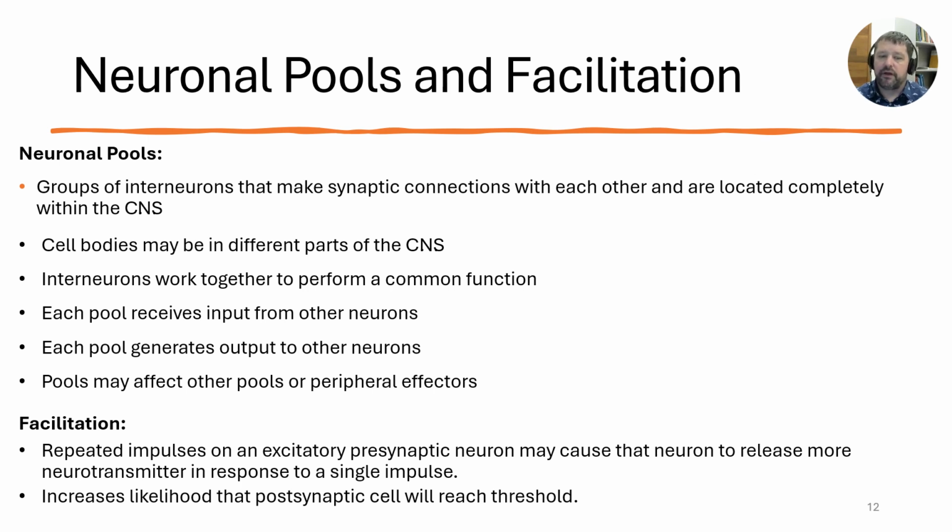And so this increases the chance that the postsynaptic cell will reach the threshold. Right? That's what facilitation is. It's just repeated impulses that send out more neurotransmitters to increase the likelihood of that signal being carried further down the line.